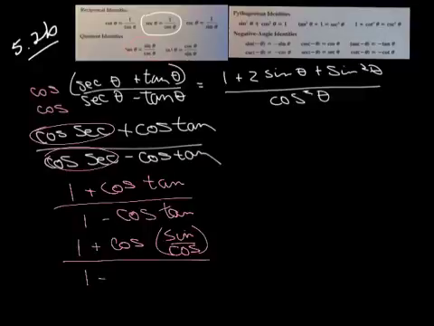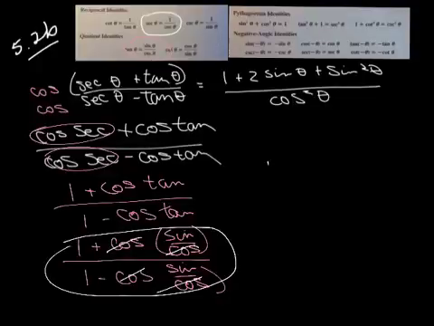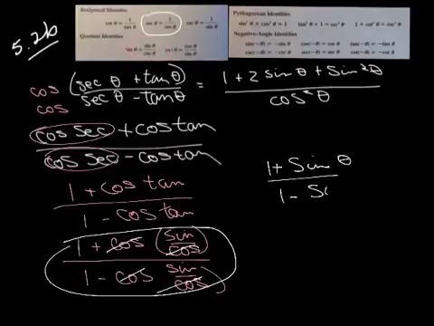So then I've got 1 minus cosine times sine over cosine. And actually the reason I did that, look, that cancels with that and that cancels with that. So this turns into 1 plus sine of theta over 1 minus the sine of theta.